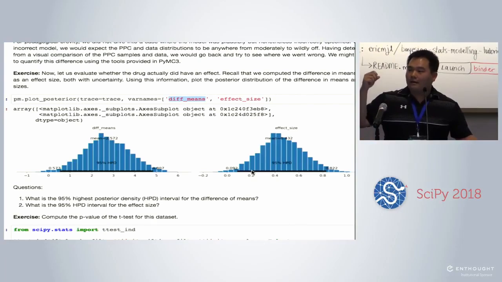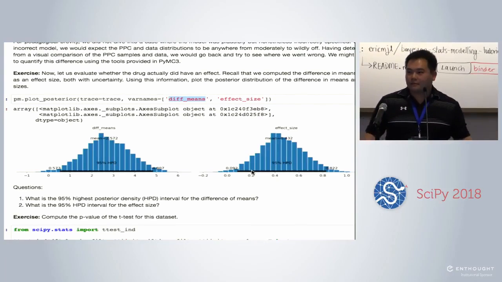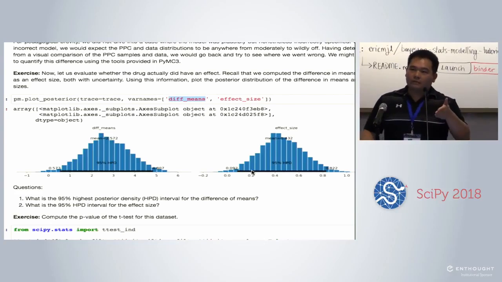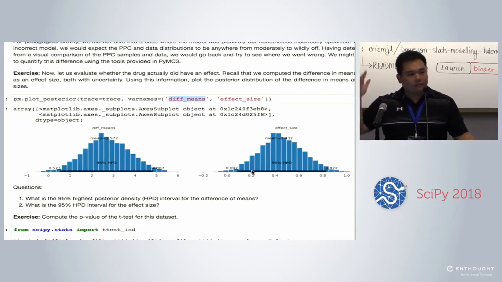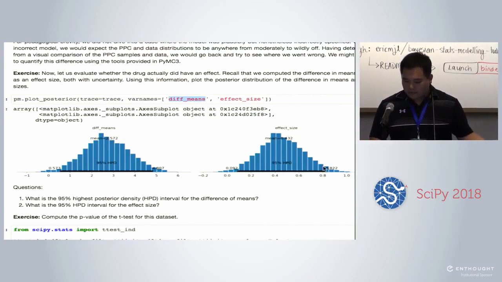Now, let's just assume for a moment that this effect size is correct. If we knew what the common effect size ranges were, something of less than 0.2 is considered small, 0.2 to 0.6 is approximately considered medium effect, something greater than 0.8 is considered high effect, and look at the range for this effect size HPD.